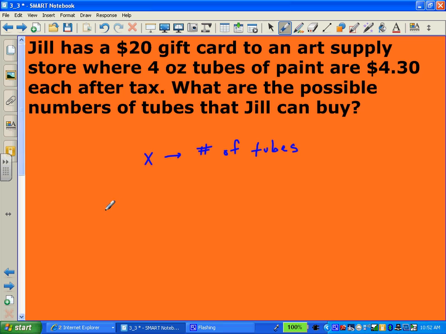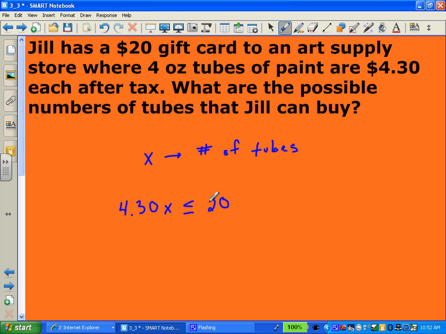Now once again, we're going to write an inequality and solve it. So each tube costs $4.30. So 4.30 times X has to be less than or equal to $20. So she only has $20, so she can spend no more than $20.